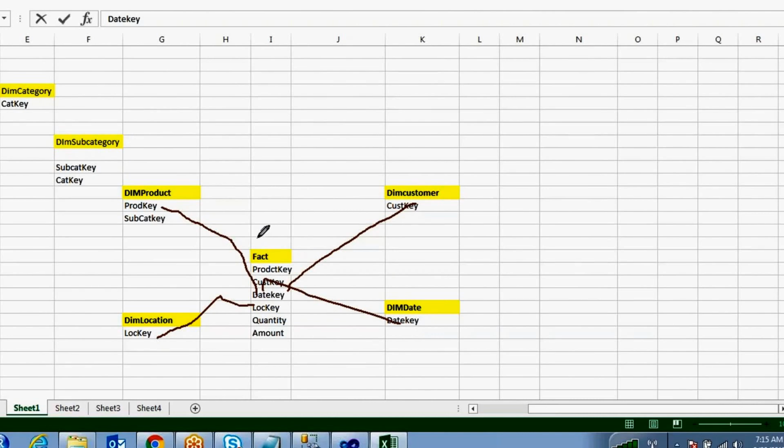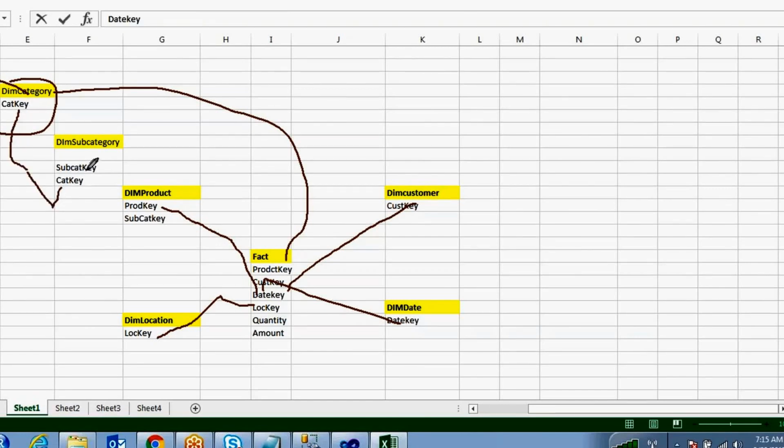If I want to see, category wise, what are the quantities, how many products are purchased, but the category information is here, you don't have any common column to join with the fact table. How can you do it? You have to join the dim category table on category key with the category key in the subcategory table. Then the subcategory table on subcategory key with the subcategory key column in the product table. Then the product table, the product key with the product key column in the fact table.